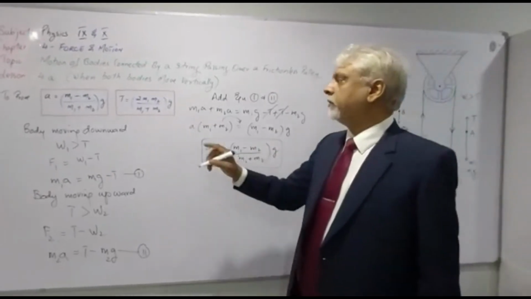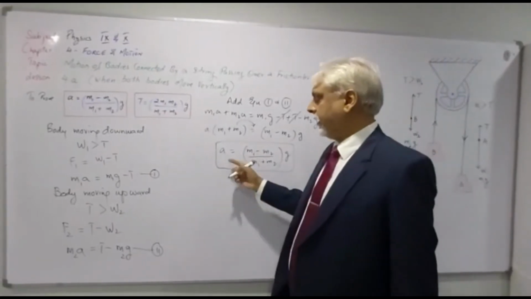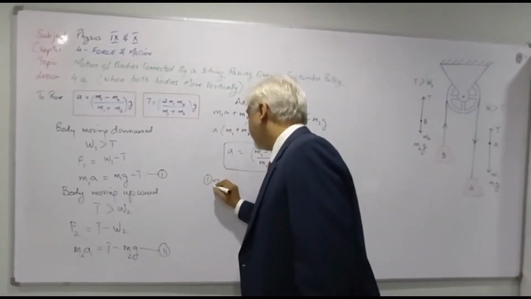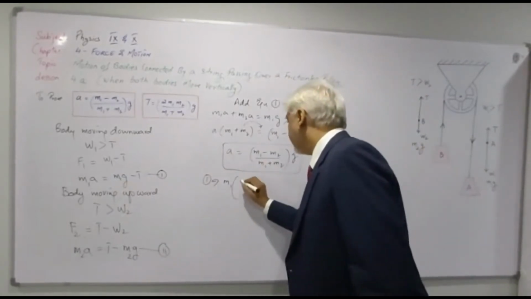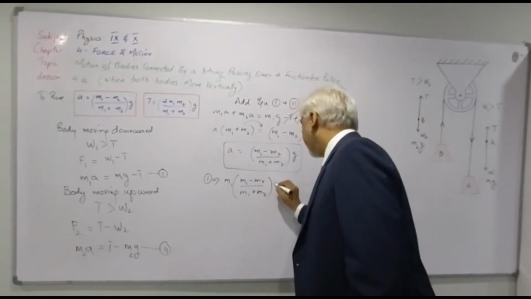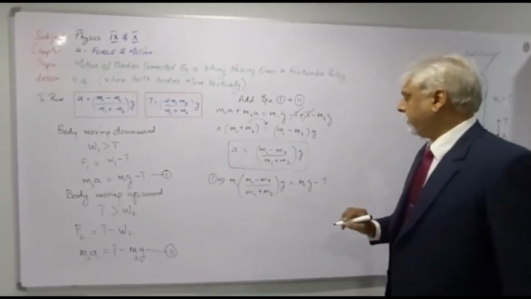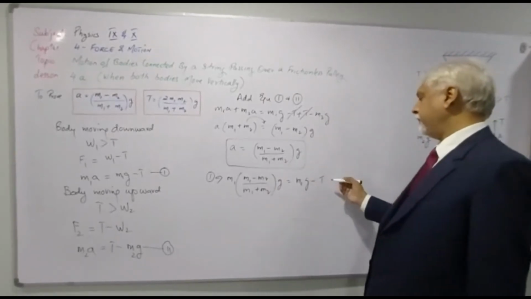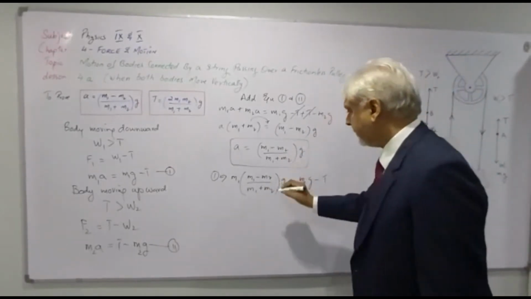Now, in order to find the tension in this cable or string, what do we do? We substitute the value of a in any one of these equations. Let's say we substitute in equation number 1. So equation number 1 will now be m1 times, instead of acceleration, I'm going to put its value, m1 minus m2 upon m1 plus m2 times g, equals m1g minus T. Now, all I need to do is bring tension to the other side and this whole thing to the other side.